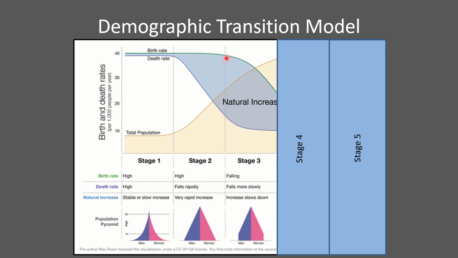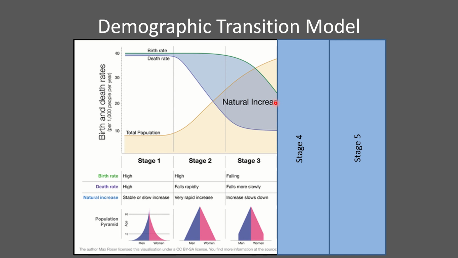The birth rate, though, interestingly, is also falling. So this graph has got a slightly narrower base. And that's because in stage 3, a country has got education. Women or girls and boys get to go to school, perhaps. And that is increasing people's awareness of sex education and family planning.